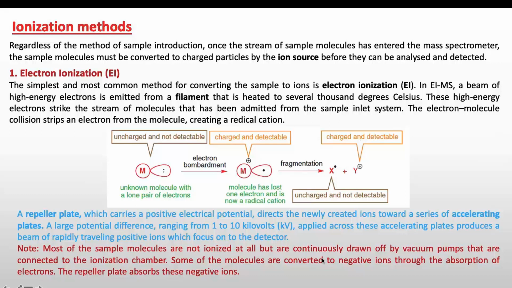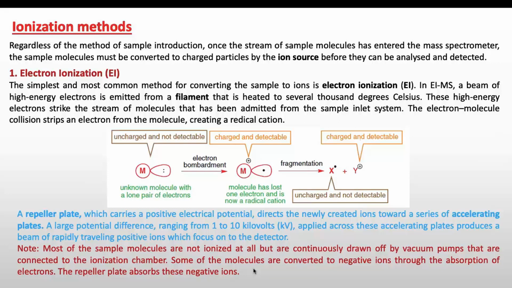Some of the molecules are also converted to negative ions through the absorption of an electron, because it's not necessary that an electron is always removed from the molecule. Sometimes it can also absorb an electron, and when it does, it will have a negative charge.